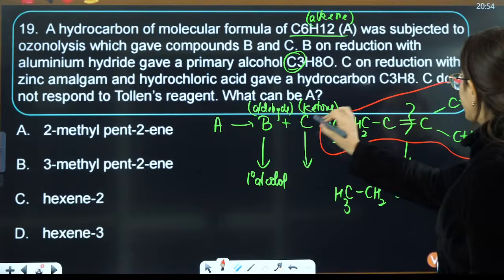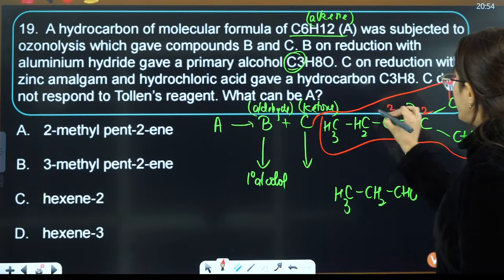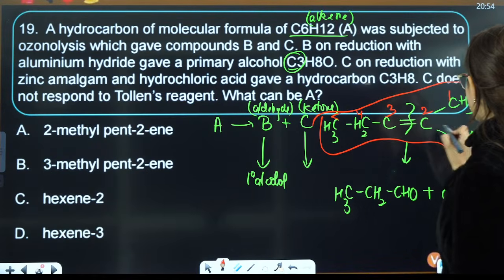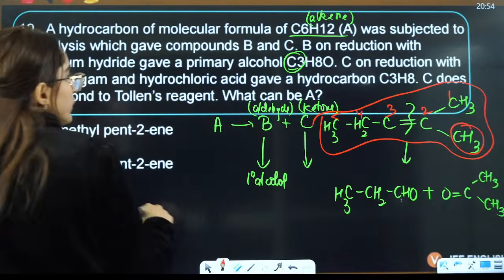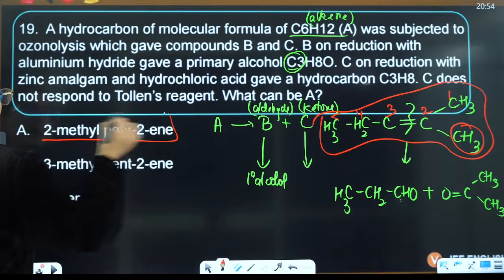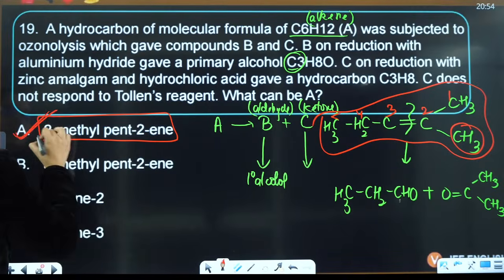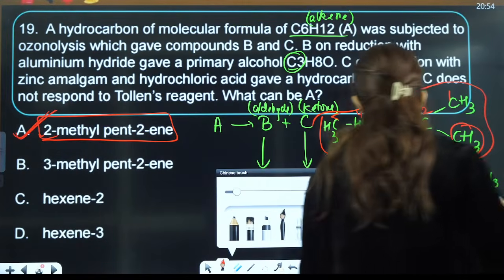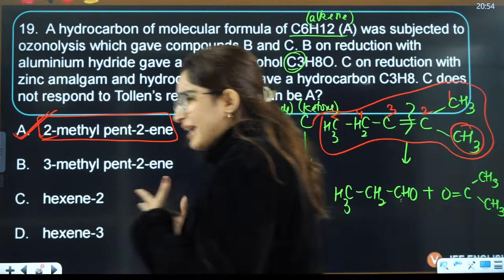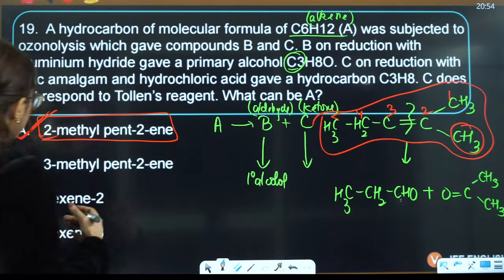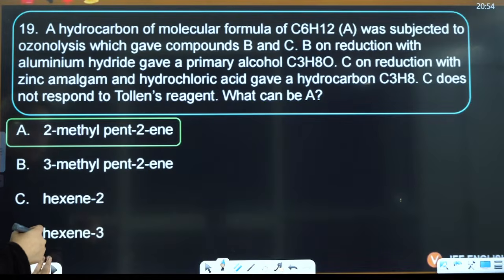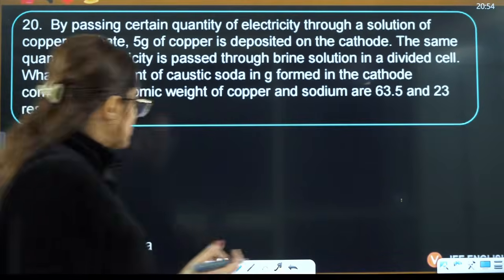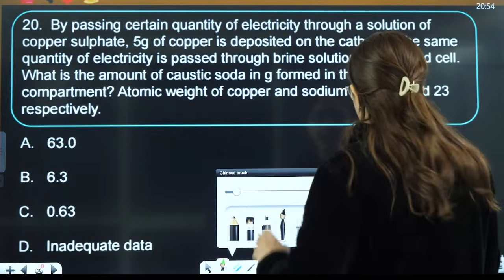Now 1, 2, 3, 4, 5, on the second carbon you have methyl and it is pent-2-ene. So 2-methylpent-2-ene is the correct answer here. Not 3, 2-methyl. So that is going to be the answer. These kinds of questions you can see from organic chemistry.